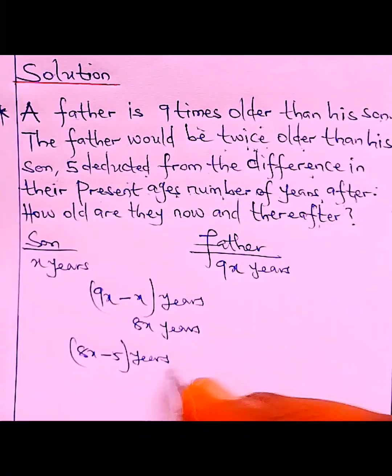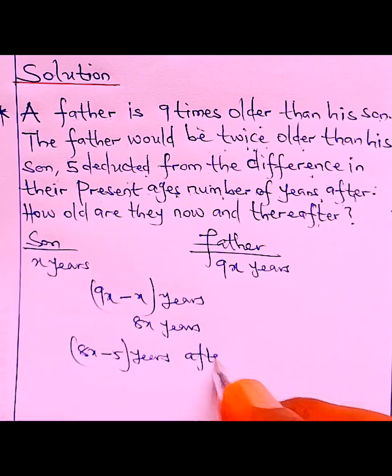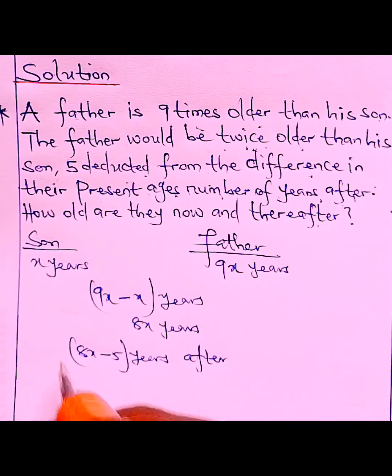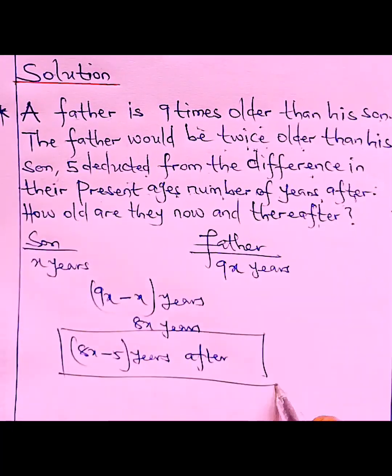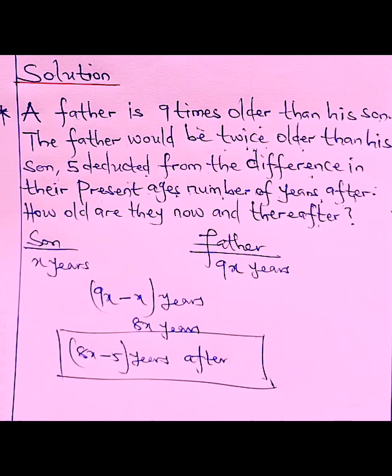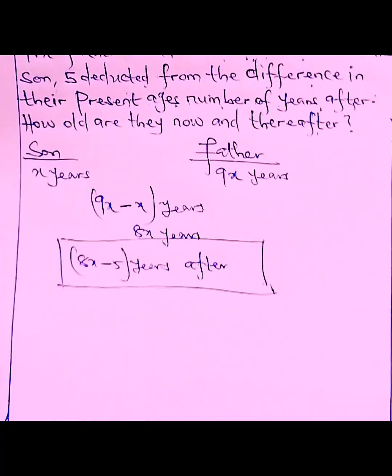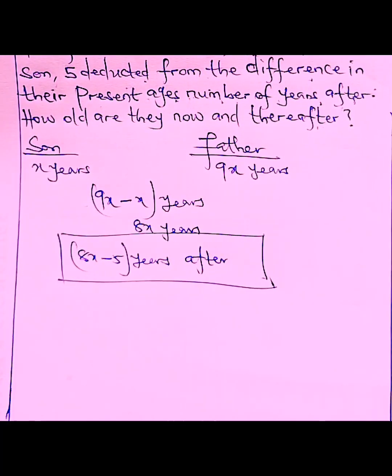Instead of being given the number of years after directly, we are given it in the form of a puzzle: 8x minus 5 years after. So let's see what's going to happen.